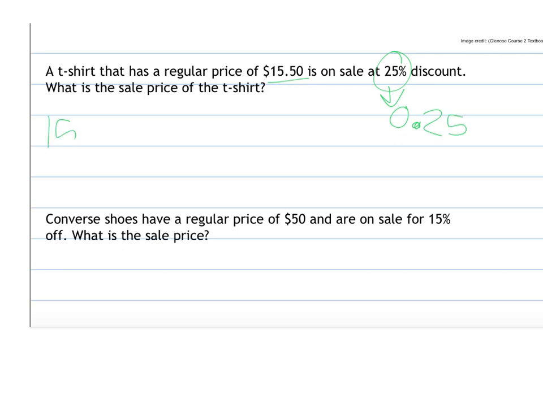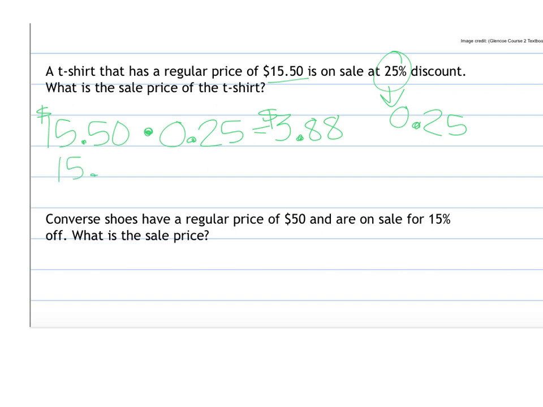So I'm going to do $15.50 times 0.25, and I get 3.88. I'm going to round it up because it's money and we only go to the hundredths.